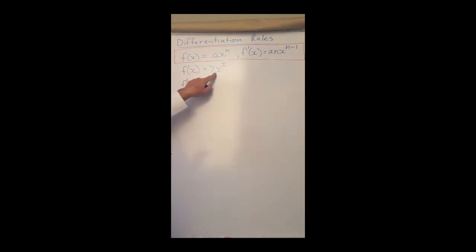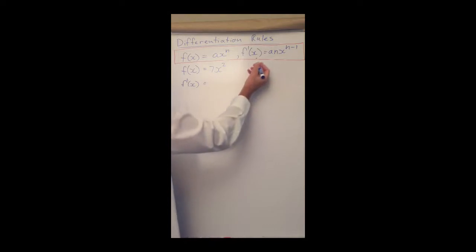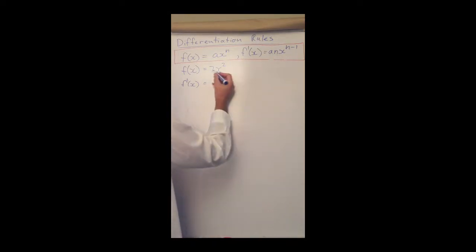I have f(x) equals 7x squared. I need to write down the first derivative directly. No need to do first principles for now. I apply this rule: I multiply the coefficient with the exponent, meaning 7 times 2 gives me 14. Write down x.